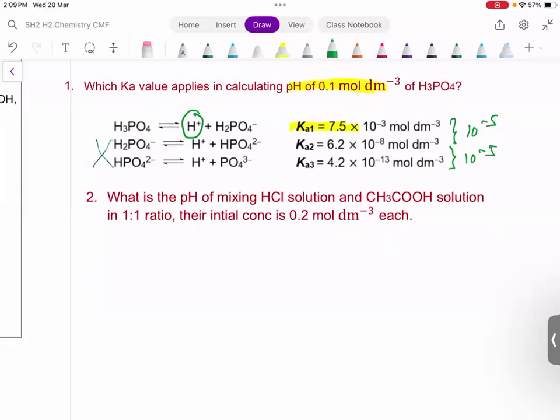What is the first thing that you need to pay attention to? It's only one sentence, but there is a lot of important information. Pay attention to the English. Ratio. Equal volume. So what is the significance of equal volume?